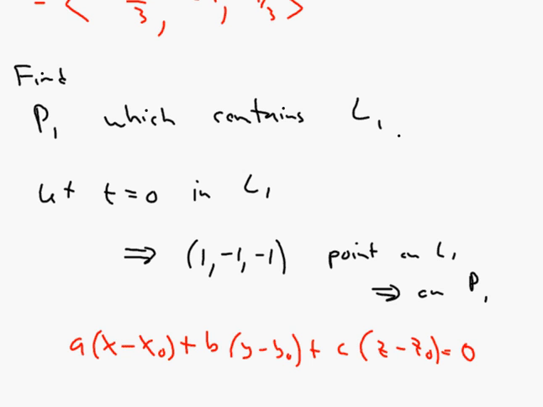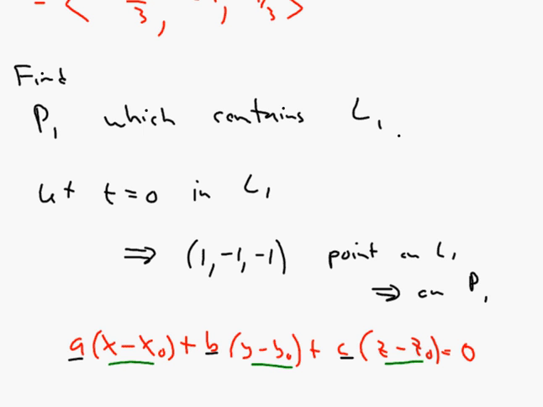Remember, the equation of a plane is a dot product between the normal vector, whose components are a, b, and c, and these other vectors, all stemming from a single point, all have their tail at a single point, right? And we're making that dot product equal to 0 to guarantee that all these vectors are lying in the same plane. They're all perpendicular to the same normal vector, and hence you span out that one plane.